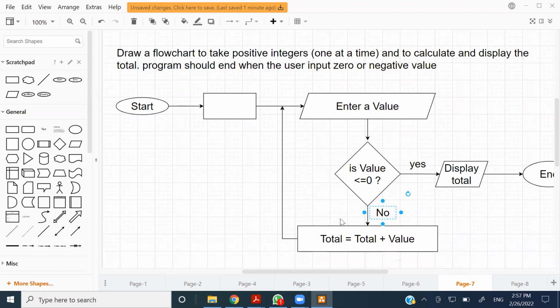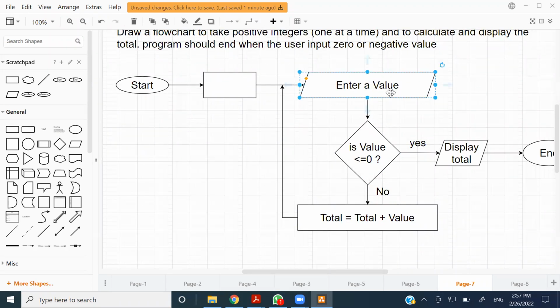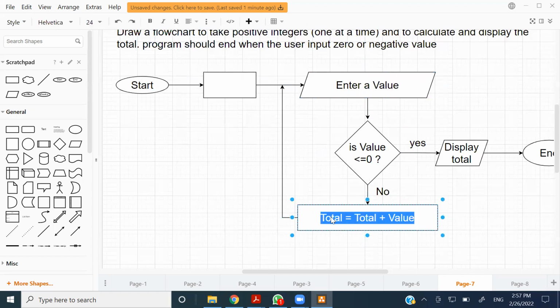So now when I enter a particular value, as an example, let's say I entered 10. 10 is definitely not less than or equal to 0. So it comes to the process. We don't need the totaling part. Instead of that, we need the counting part.